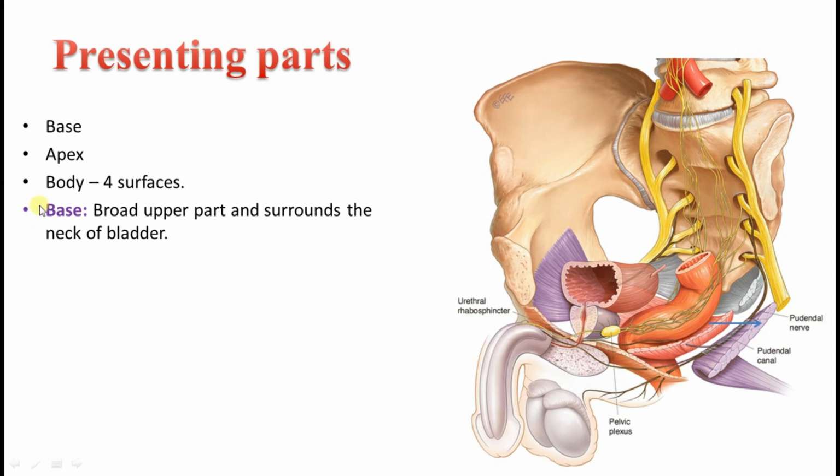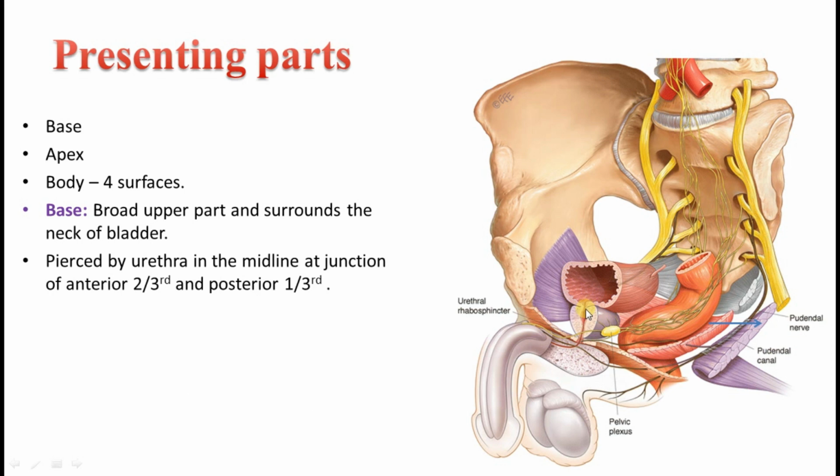So the base is the broad part and surrounds the neck of the bladder. It is pierced by the urethra, not exactly at the middle, but at the junction of anterior 1/3 and posterior 2/3. You are able to see behind the urethra, the posterior 2/3 of the gland is present.